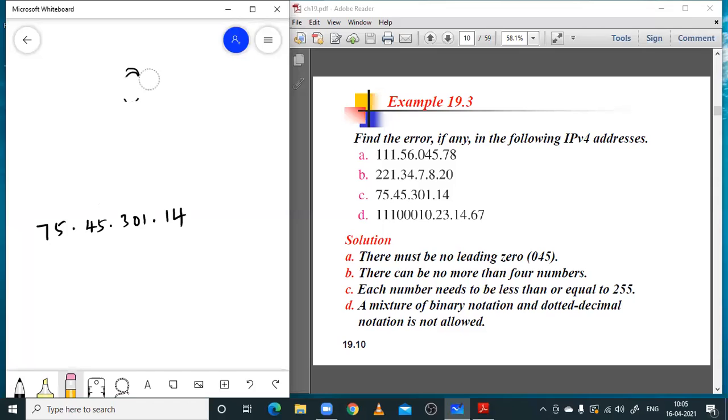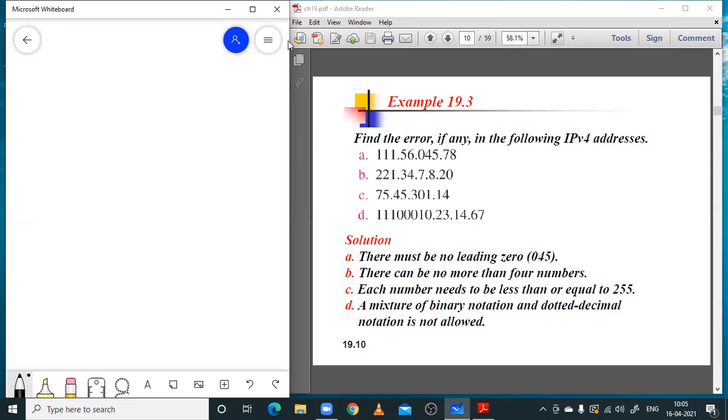The maximum number available in any octet is 255. But you observe here there is 301. It is not a valid IP address. It should not be more than 255, but here 301 is there. So it is not at all a valid IP address.